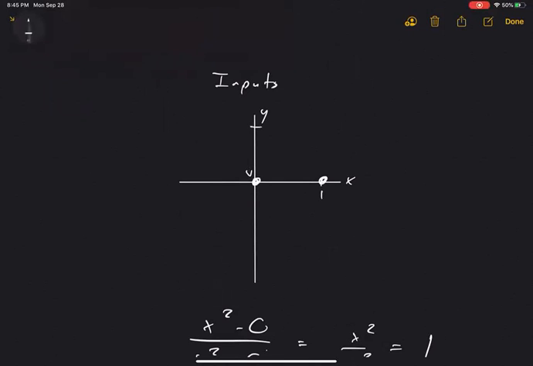So, again, let's say that's 1, and I'm taking points along this y-axis. So maybe I have 0.9, 0.8, and so on. And maybe that's like 0.4. And what's in common with all these points?